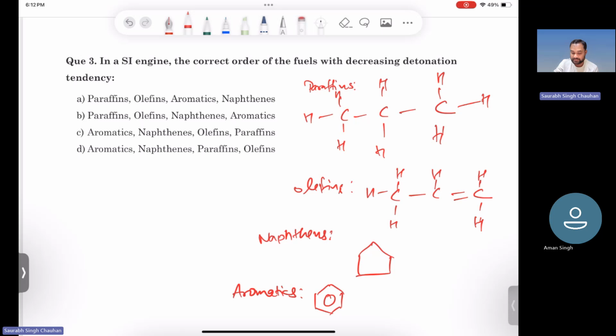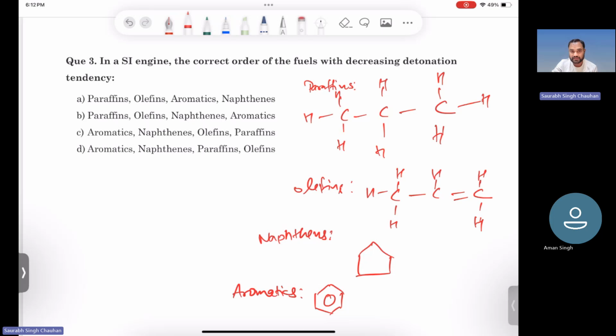So paraffins have most detonation tendency. And aromatics are very, very stable, so they don't want to undergo any reaction. So auto ignition will also not be easy. They are less susceptible to auto ignition, so they have least detonation tendency.